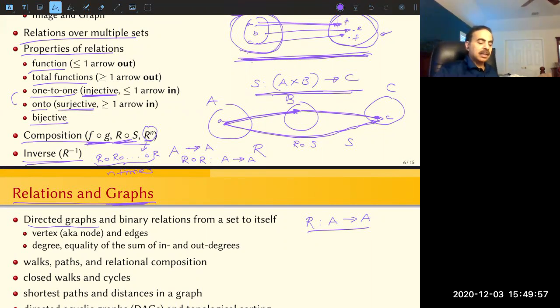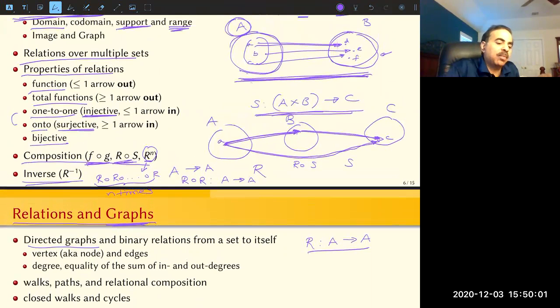Now this directed graph has more interesting properties than what we see here, because here the arrows all start on the left side and all end on the right hand side. So there is no such thing as following the arrow and then from there going somewhere, right? There is no next step in this graph.